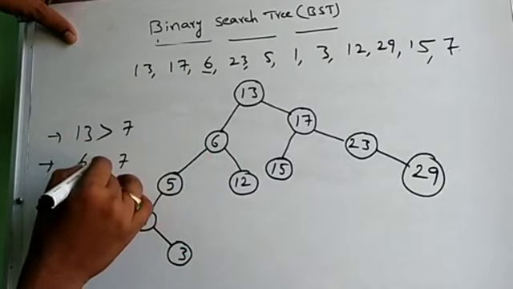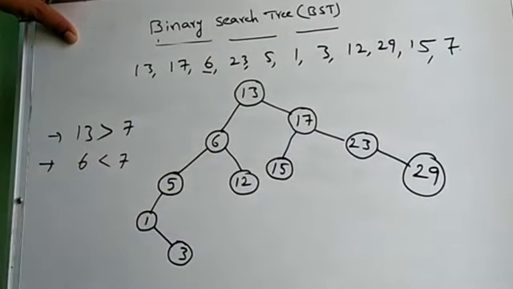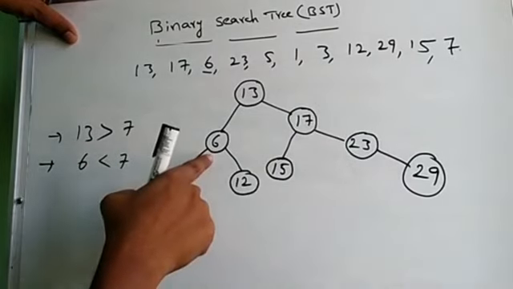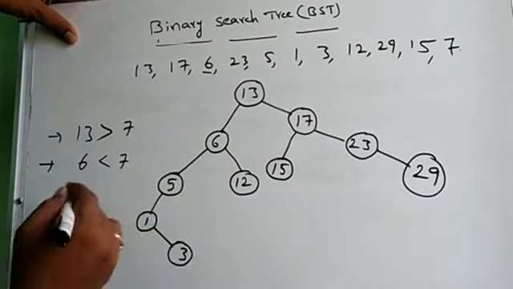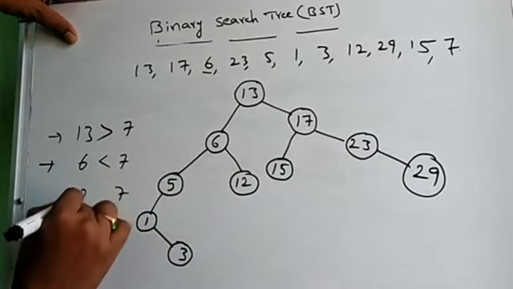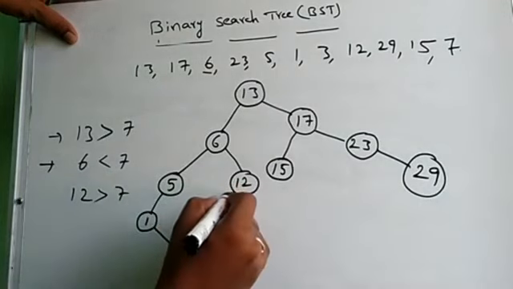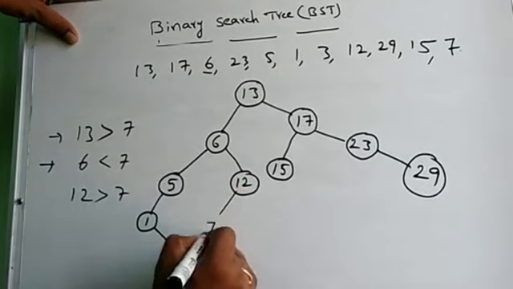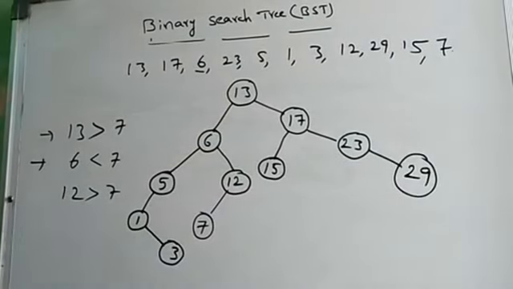Here 7 is already a greater value, and in the rightmost place we have 12. Next compare 7 with 12. 12 is the greater value, so 7 is less than 12, so it moves to the leftmost. So this is a continuing process.